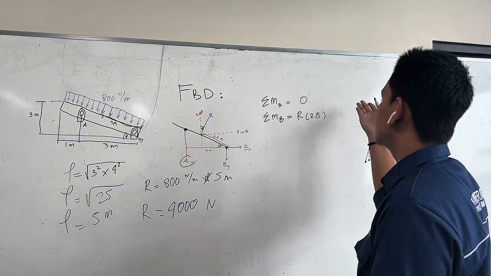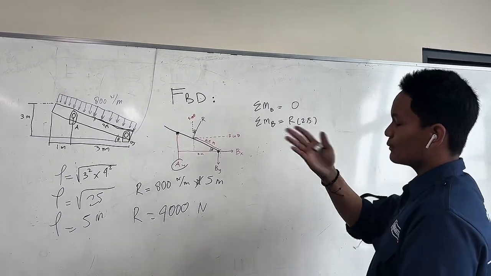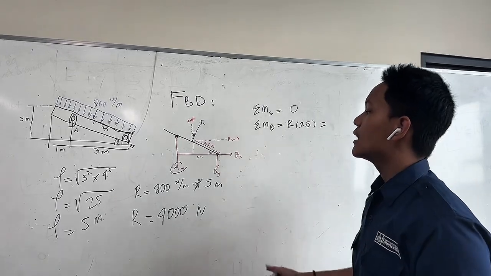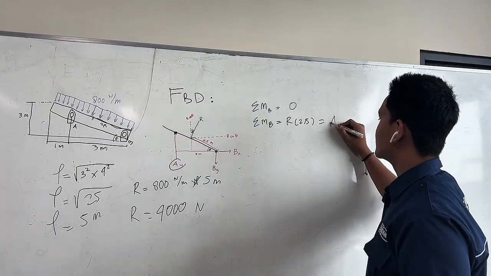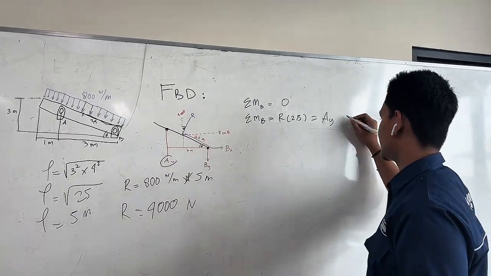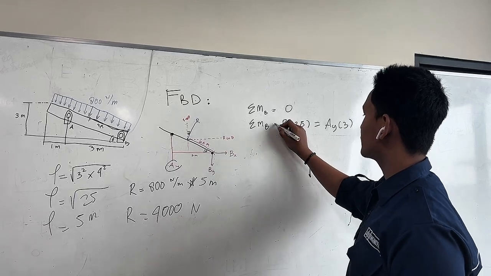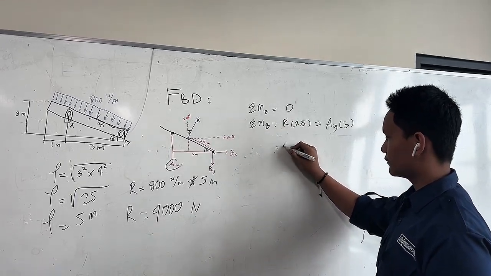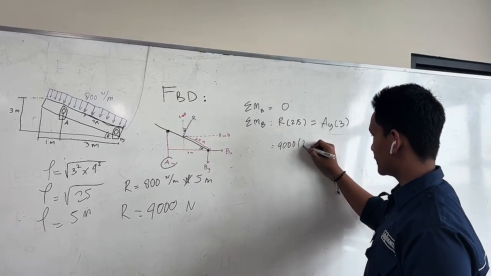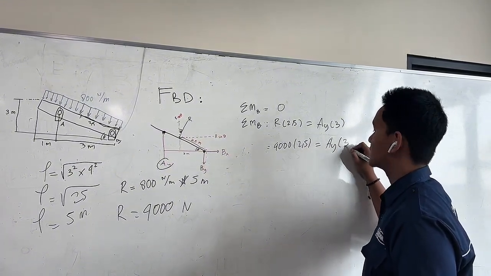This is equal to Ay, the reaction, multiplied by its perpendicular length, which is 3 meters. So here we have the equation, and we insert the values: 4,000 multiplied by 2.5 equals Ay multiplied by 3 meters.